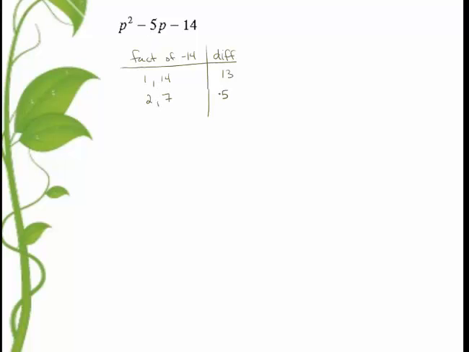I want my 5 to be negative, so I make my 7 negative. Using the big giant X, same idea. Come up with 2 and 7, I'd see that I want my 5 to be negative, so I'd make my 7 negative. And I'd have p plus 2 times p minus 7.